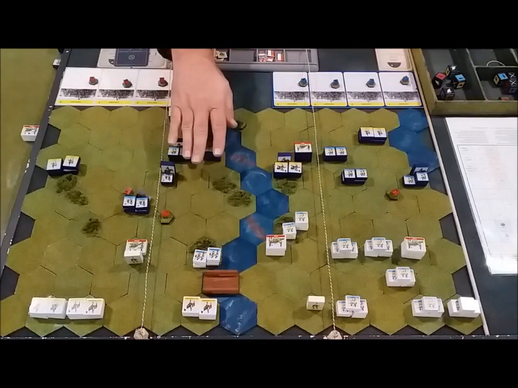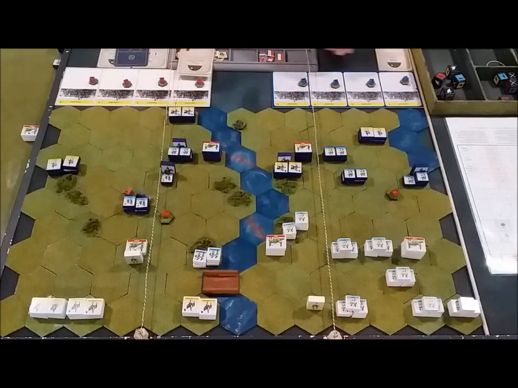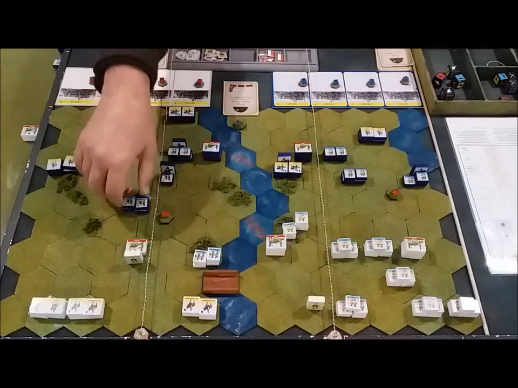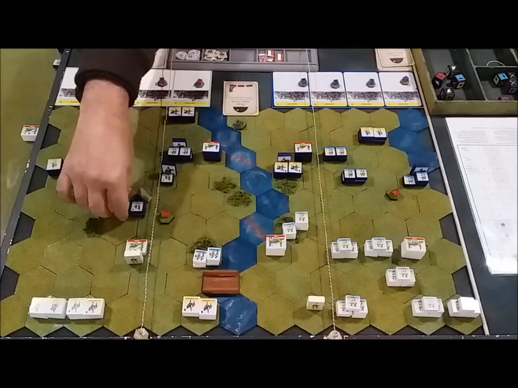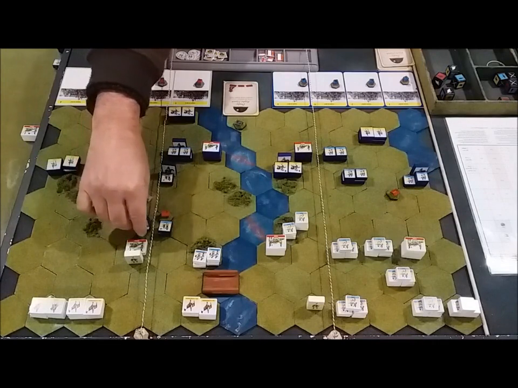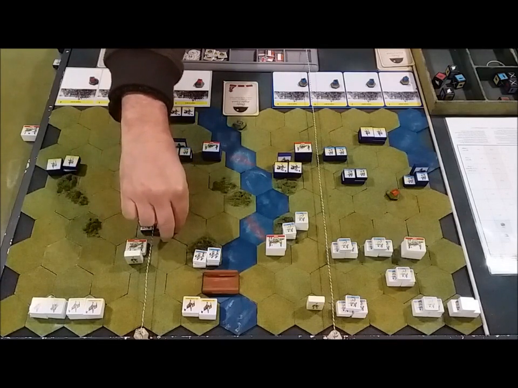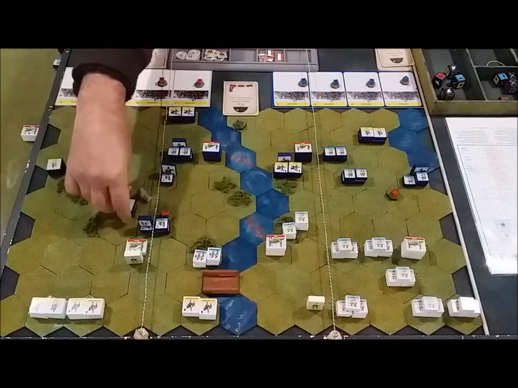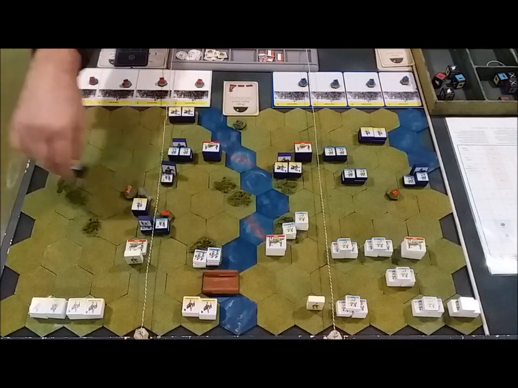I don't think this bit's worthwhile. So we're going to do a probe right flank. It's not that aggressive, but it helps to keep pressure on the Austrians so that they're continually having to react to what we're doing. 1, 2, 3, into there.